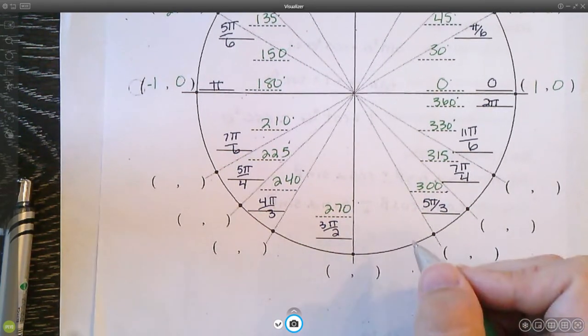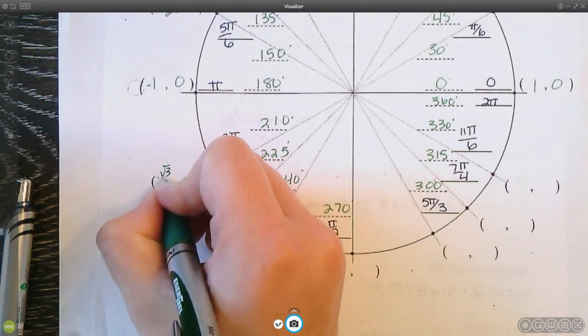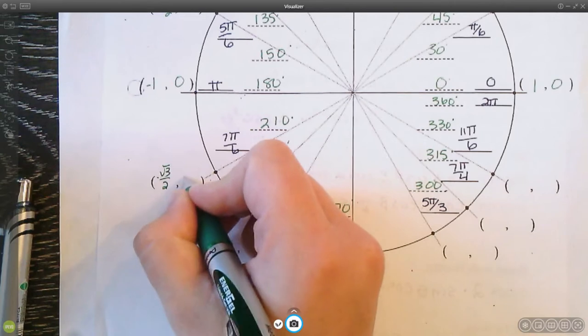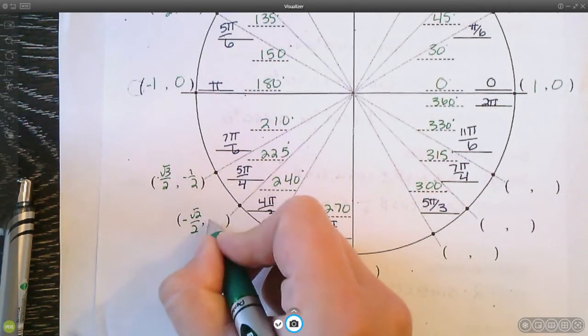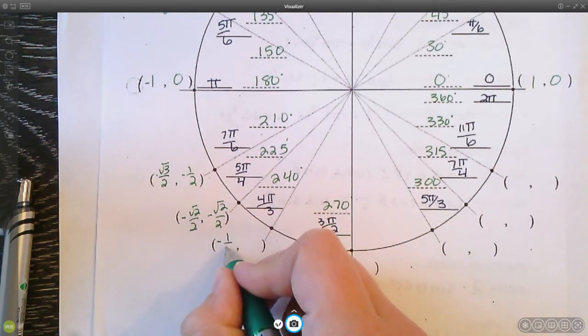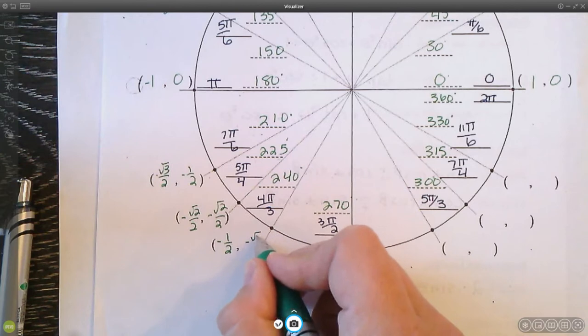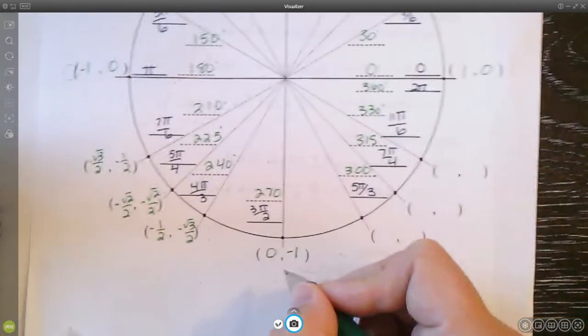Excuse me. All right, then we've got (negative root 3 over 2, negative 1/2), (negative root 2 over 2, negative root 2 over 2), (negative 1/2, negative root 3 over 2), (0, negative 1).